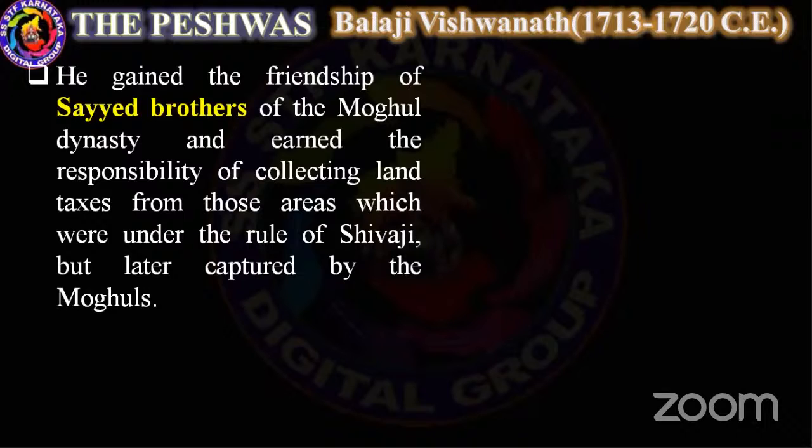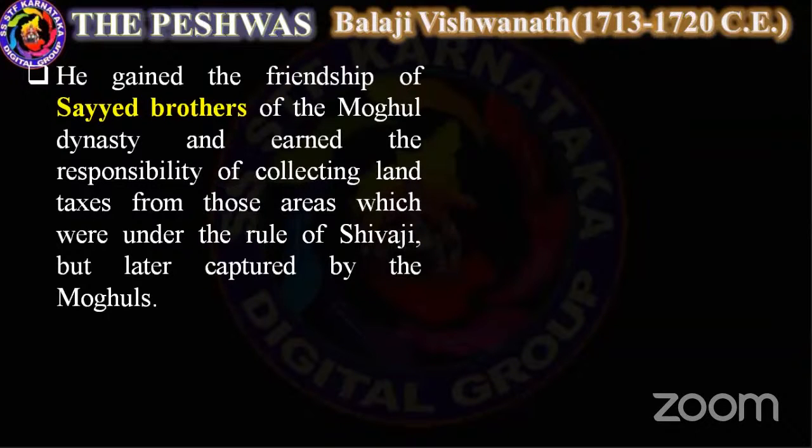He gained the friendship of the Sayyid brothers of the Mughal dynasty and earned the responsibility of collecting land taxes from those areas which were under the rule of Shivaji but later captured by the Mughals. The Sayyid brothers were also assisting the Mughal rulers in running the administration.